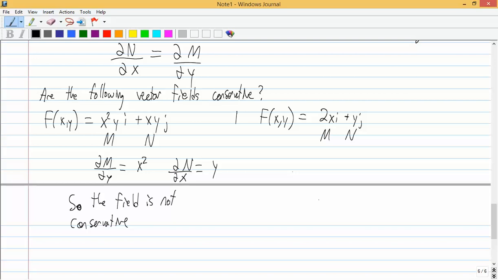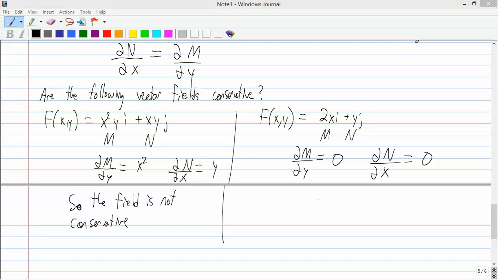Right? They're not equal, so it's not conservative. Let's look at this one. The partial of m with respect to y is 0. The partial of n with respect to x is 0. So what does that mean? So the field is conservative.